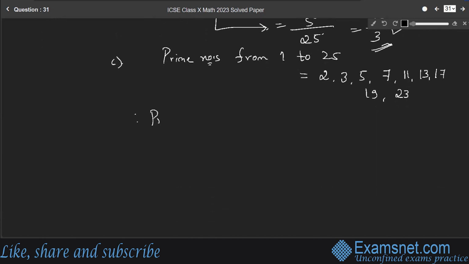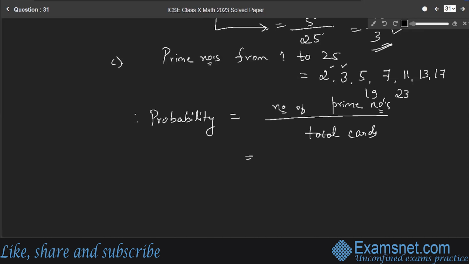Therefore, the probability that the number on the card is a prime number is the number of prime numbers divided by the total number of cards.